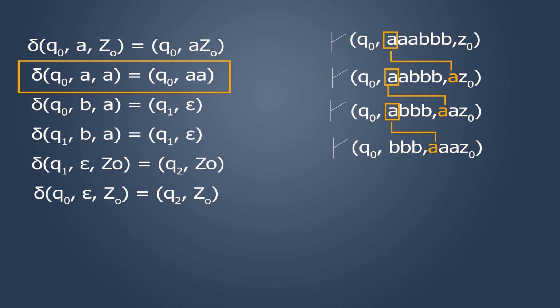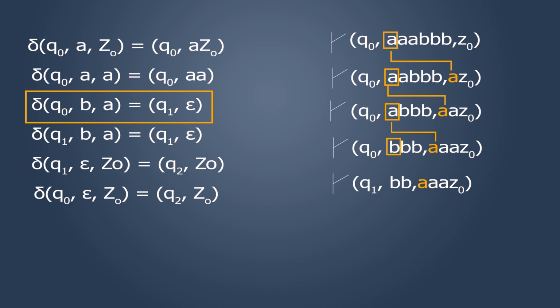Next, the input symbol happens to be B and my top of the stack happens to be A. Since this is the first occurrence of B, we know that we should be changing the state. And this transition function would get executed and it would make a change of state from Q0 to Q1, and it would also cancel the top of the stack. And we would be in Q1 state.